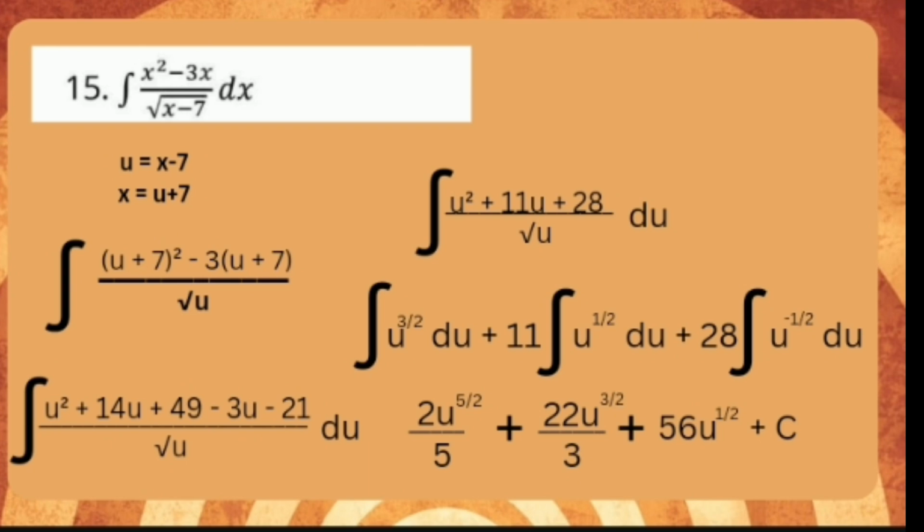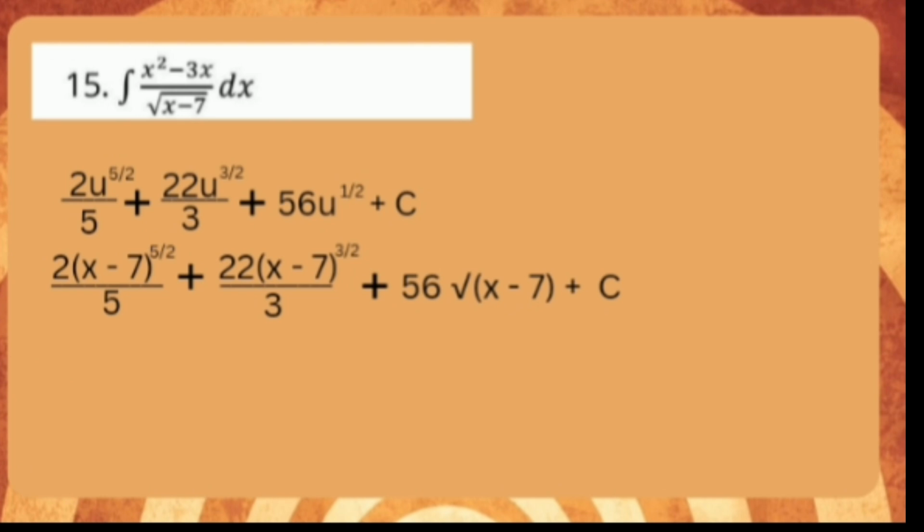When we substitute, it will become 2 times x minus 7 raised to 5 over 2 over 5 plus 22 times x minus 7 raised to 3 over 2 over 3 plus 56 square root of x minus 7 plus c. And that's our final answer.